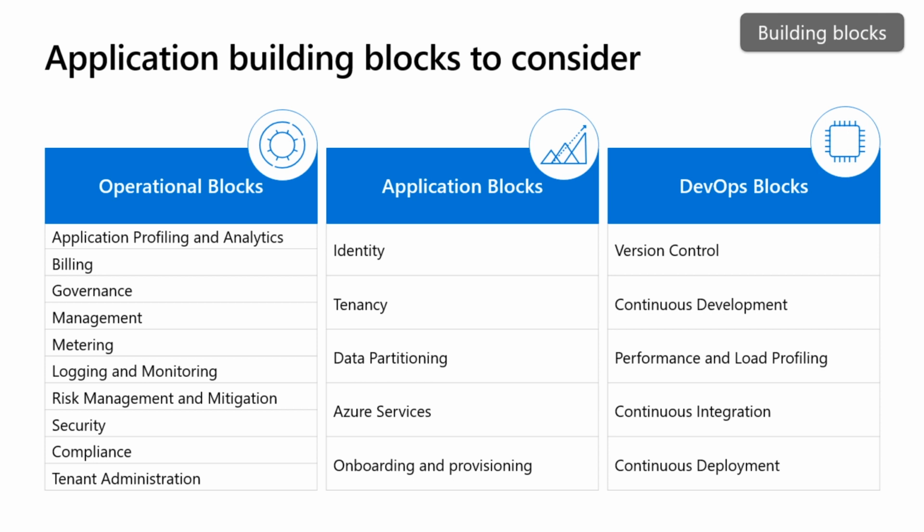And then the last part is how do you manage the solution, right? Version control, continuous development, continuous integration, how you do your perf tests, how you do your load profiling, etc. Right? So those are the big blocks to think about when you go this way.